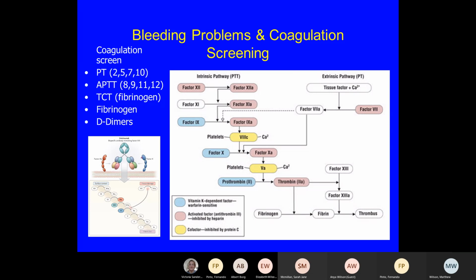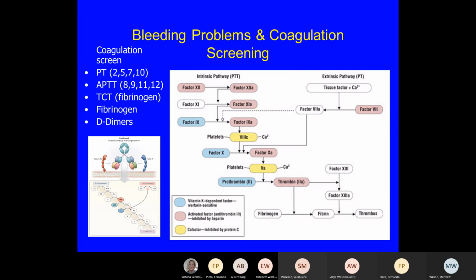I put here in the corner just a more recent image of emicizumab. I'm sure you would have heard of emicizumab nowadays, because it's entering into clinical practice for patients who have hemophilia A, who lack factor 8, patients with hemophilia A with or without inhibitors.